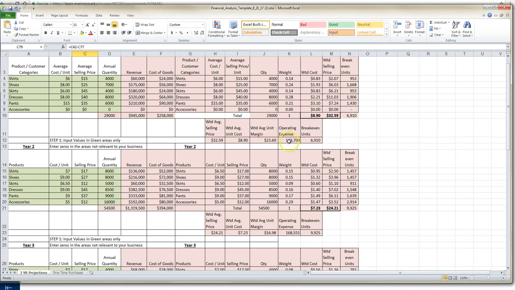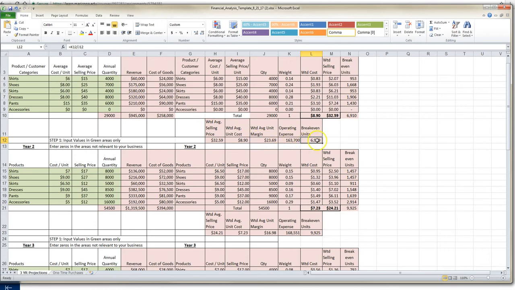And if you divide the weighted average unit margin into the total operating expense, that will give you the number of break-even units. Now this, of course, is an average break-even unit calculation because the selling price, the unit cost, and the margin are all based on a weighted average.